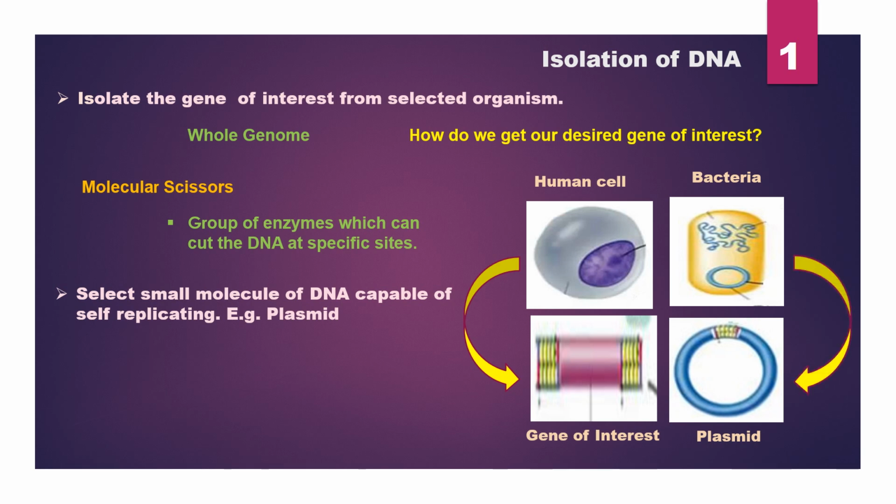Plasmids are extra chromosomal self-replicating DNA molecules. Now, firstly, we need to prepare the gene of interest and plasmids by cutting them with the help of restriction endonuclease.